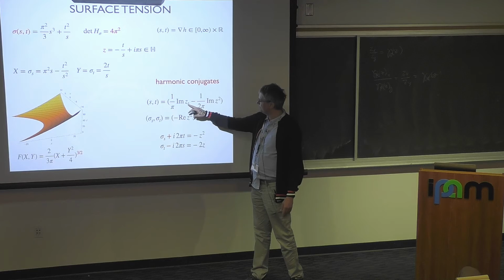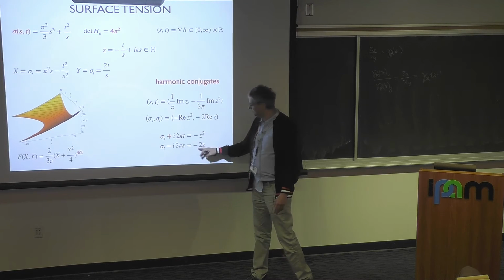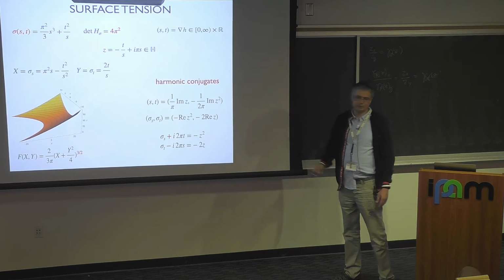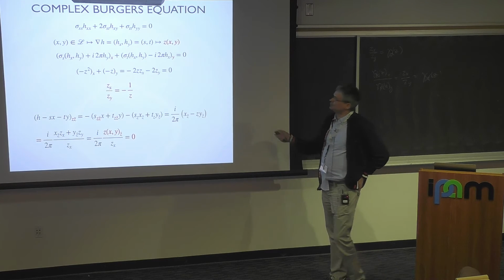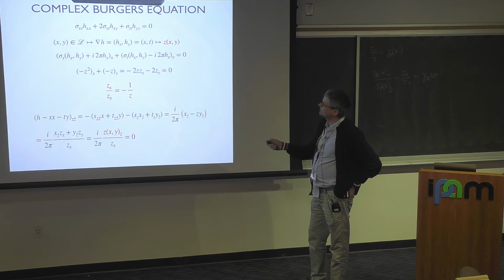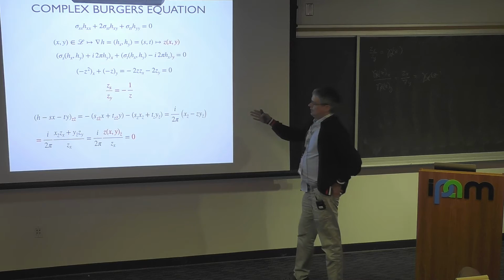And then if you mix them up, they become harmonic conjugates. And then that can be used to deduce the complex Burgers equation. Namely, things cancel here, you had this z squared, z, and you get the complex Burgers equation.